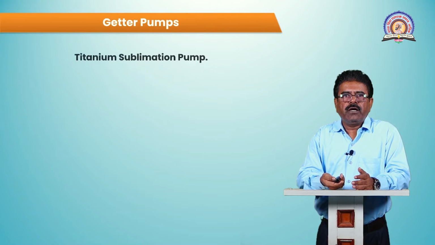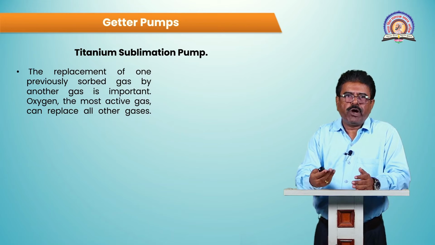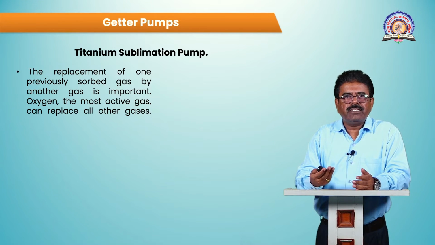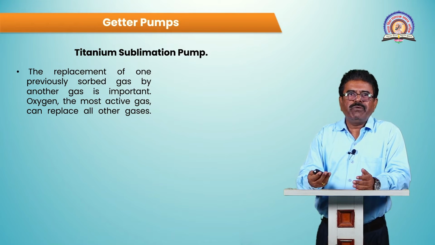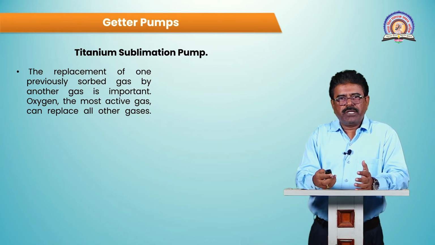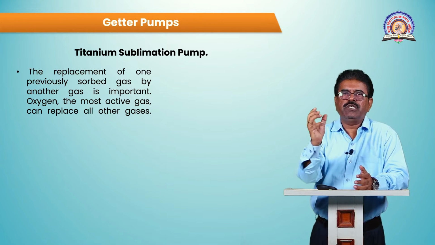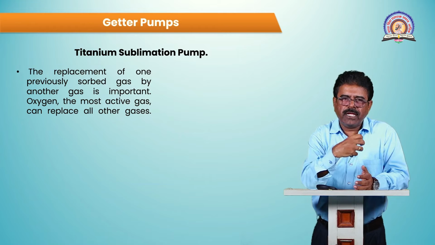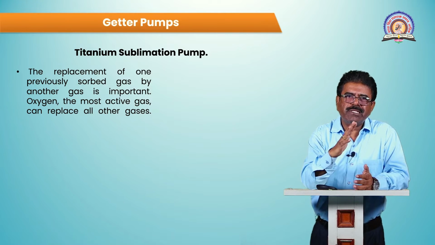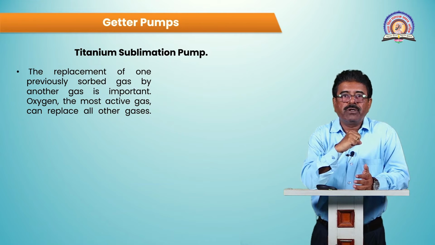So the main points regarding this titanium sublimation pump: one can see that the replacement of one previously sorbed gas by another is important here. That means if one gas species is already adsorbed on the surface of the getter, another gas species will come there and replace that gas species and form a compound.